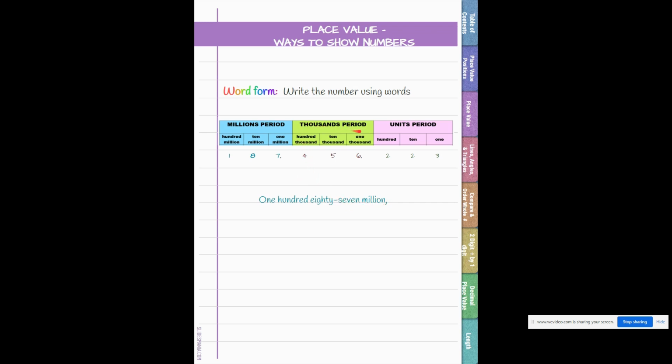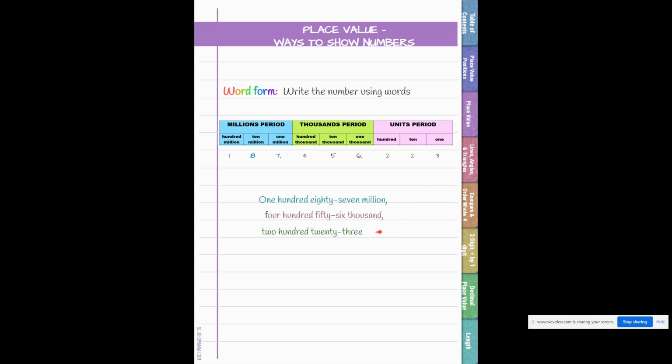Now if we move to the thousands period, we have 456, and then the comma represents the thousands. So we record 456,000, and we place our comma. Now in the units period or ones period, we have the numbers 223, and we do not put a comma at the end, or we do not say what period it's in.